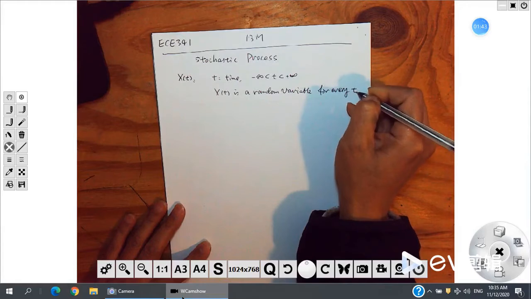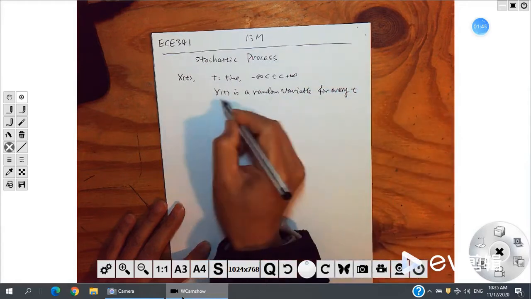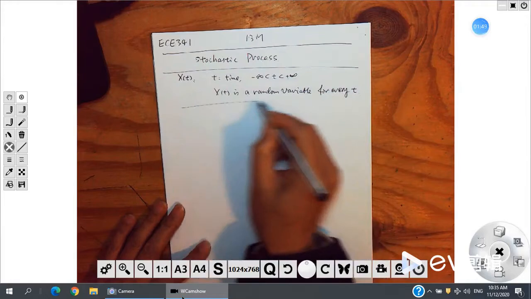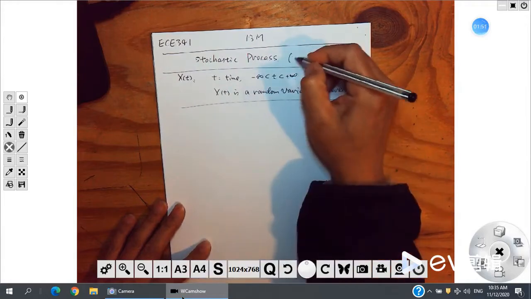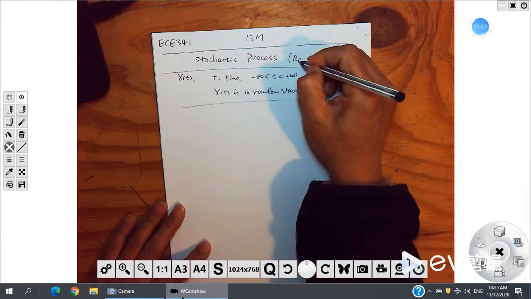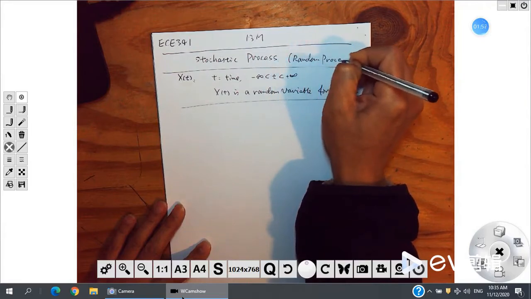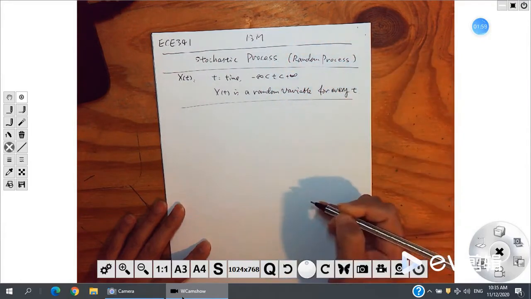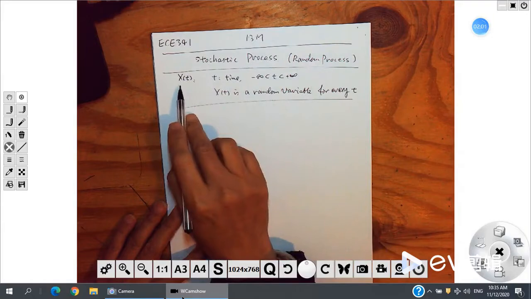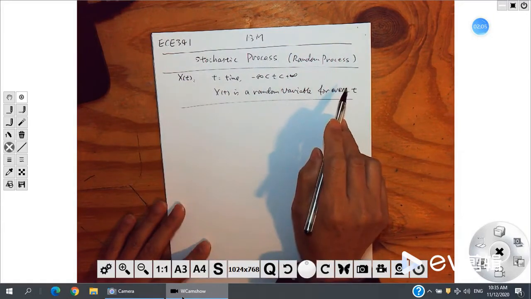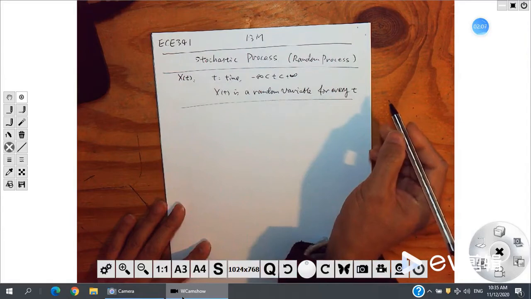So this is a random process. This is a stochastic process. We can also call this a random process, same meaning. For every t you have a random variable, then as a list, as a process.